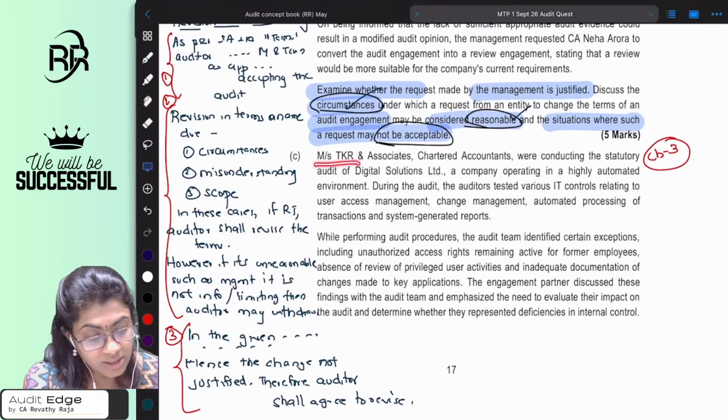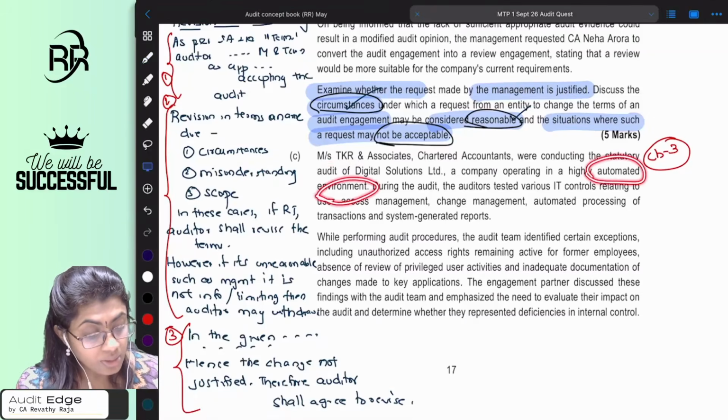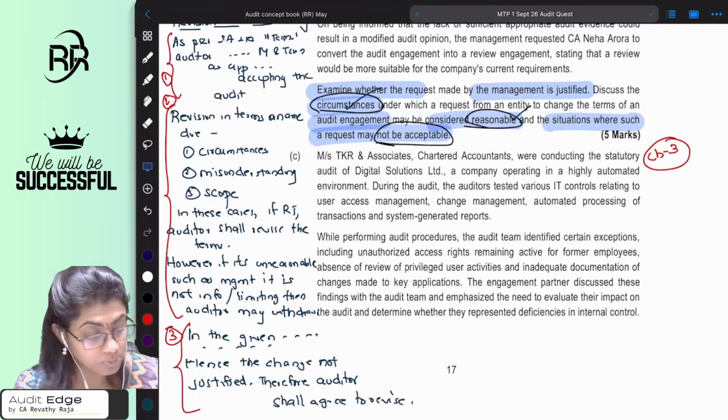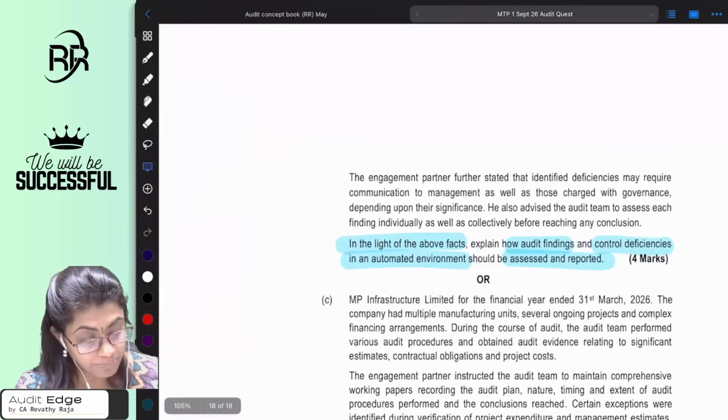Messrs. TKR Associates, Chartered Accountants, were conducting the audit of Digital Solutions, a company operating in a highly automated environment. During the audit, auditors tested various IT controls relating to user access management, change management, automated processing, system generated reports. While performing audit procedures, the audit team identified certain exceptions like unauthorized access, former employees' access, etc. The engagement partner discussed these findings with the team.